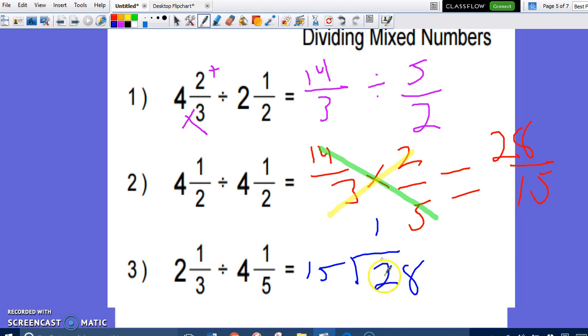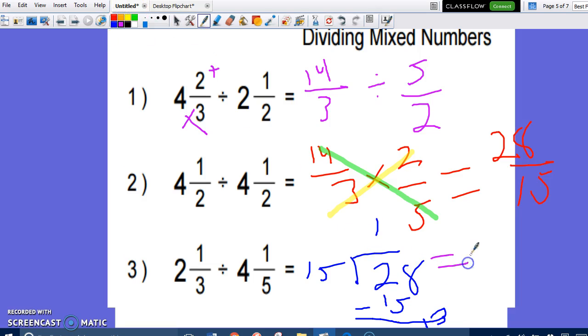Multiply. 1 times 15 is 15. Now we subtract. 28 minus 15 is going to give you 13. Sorry, things are squished up here down at the bottom. But I now have everything I need to put my mixed number together.